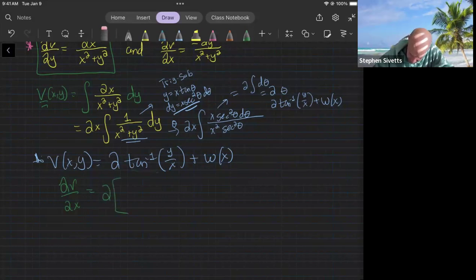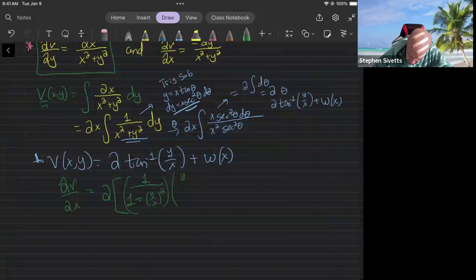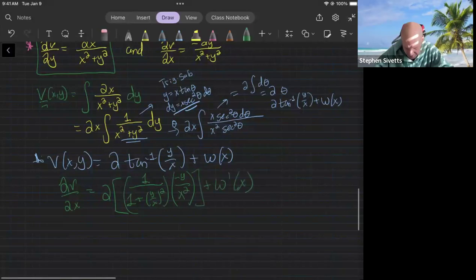So this will be 2 times 1 over 1 plus y over x squared times minus y over x squared plus w prime of x.